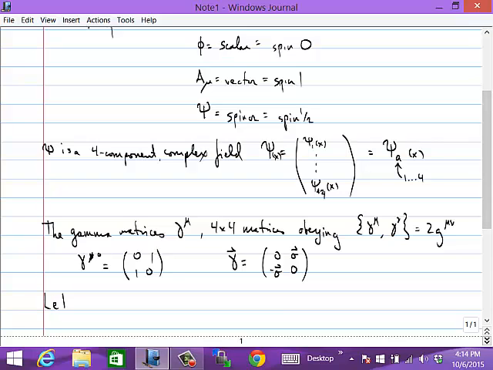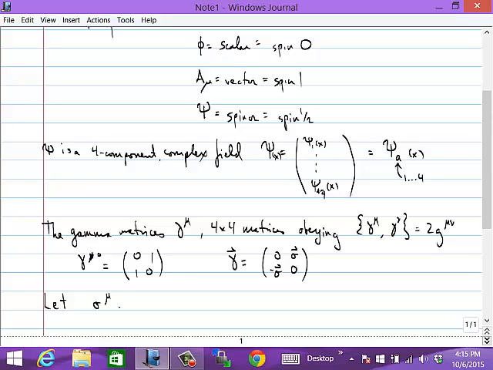So I'll just introduce a little bit of notation here. Remember that the Pauli matrices, there are 3 of them, and they act like a vector under rotations. Sigma 1, sigma 2, sigma 3 describe spin in the x, y, and z directions. So the I index on the Pauli matrices, sigma I, acts like a 3-dimensional vector under rotations.